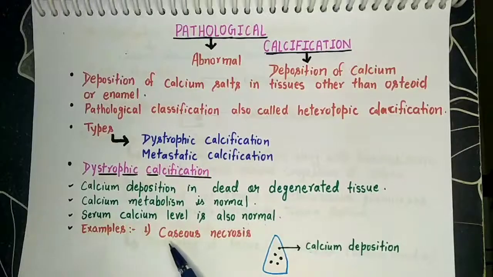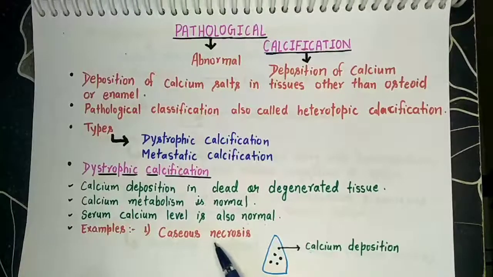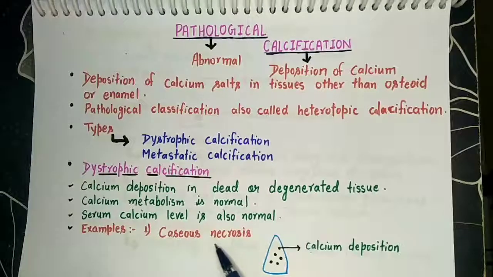Let's take examples of dystrophic calcification. First one is caseous necrosis. Caseous necrosis is a cheese-like appearance of necrosed tissue. We can see caseous necrosis in case of tuberculosis of lung.